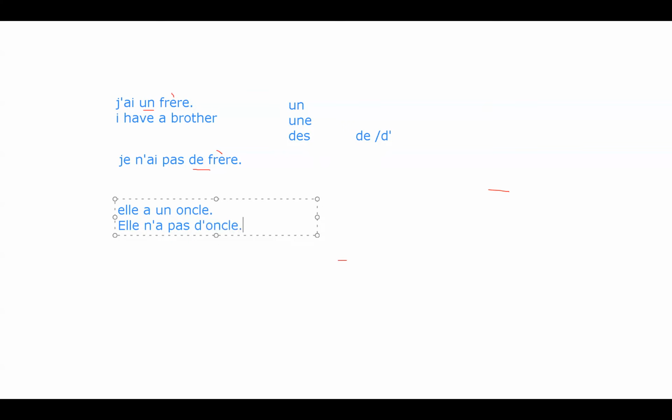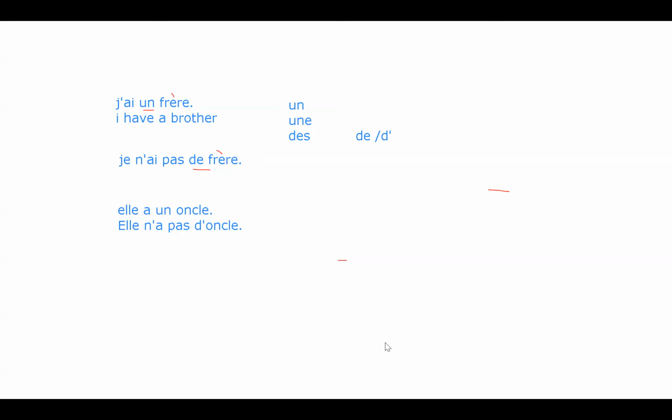She doesn't have any uncle. So when we negate, it is converted to d apostrophe because we can't put two vowels together. Same rule will apply here. But why are we using de here? Because you are negating the quantity. Un is an or a, but in negation it becomes any. That is no uncle. Clear?